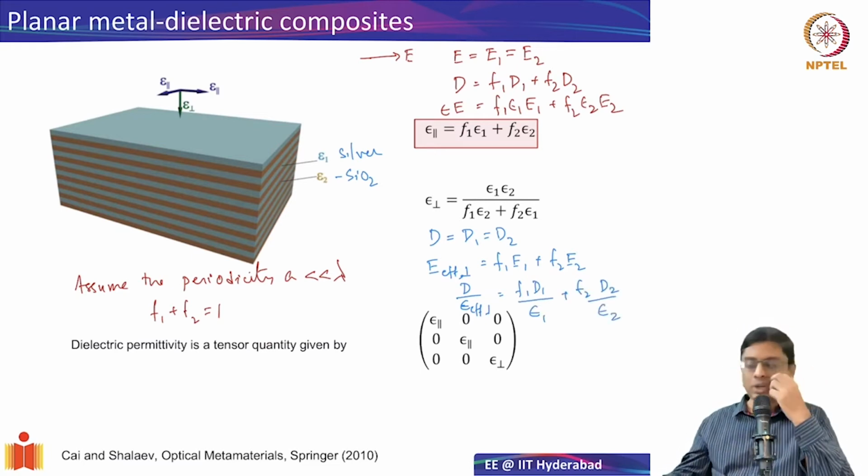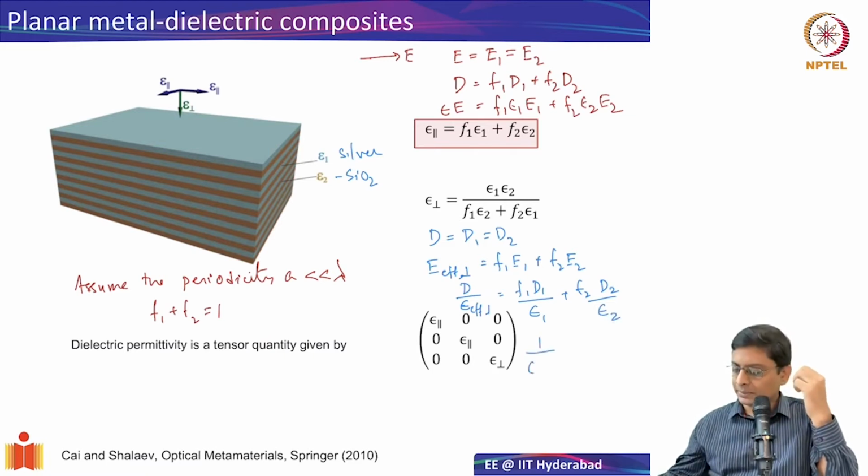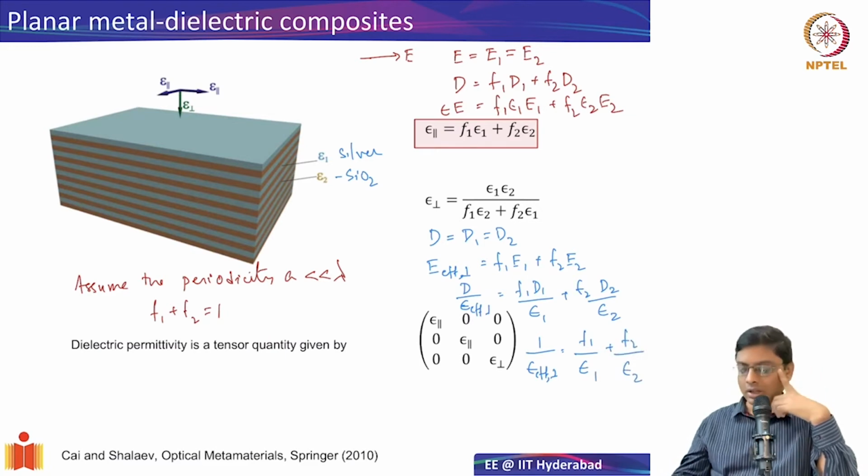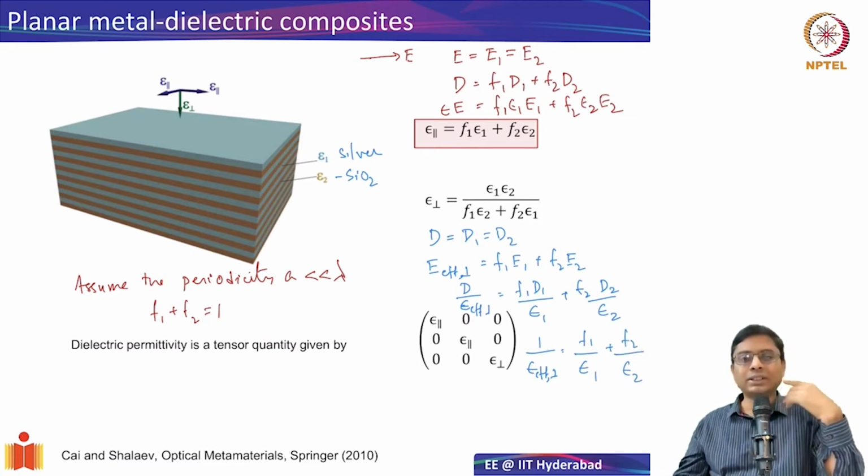So I'll see my 1 over epsilon effective perpendicular is going to be F1 divided by epsilon 1 plus F2 divided by epsilon 2. So what we are seeing is the parallel component is simply a weighted average.